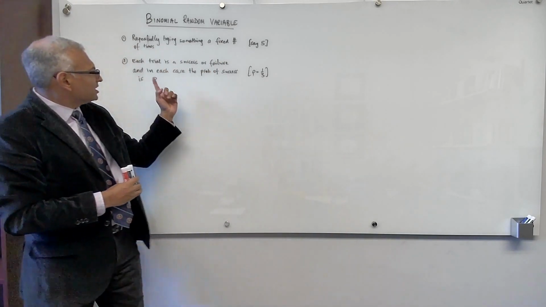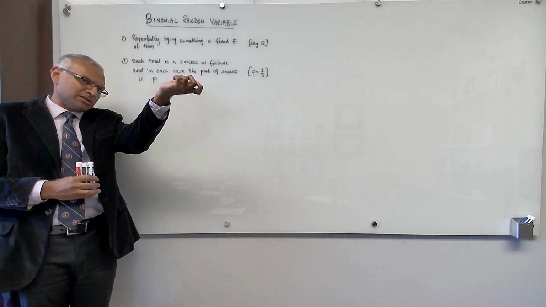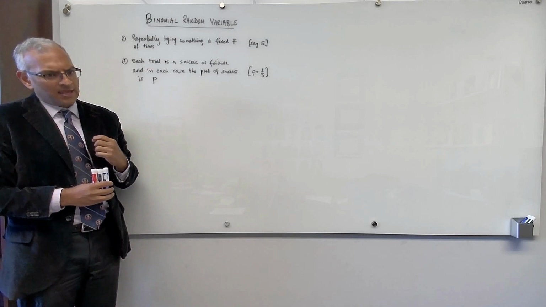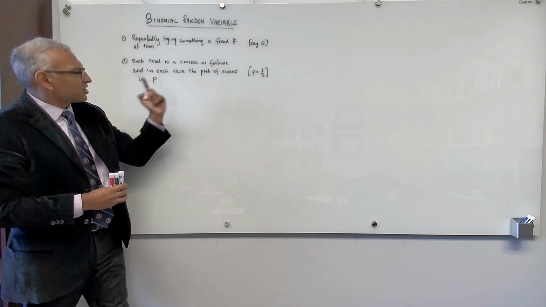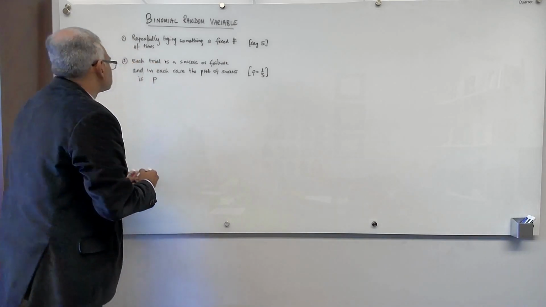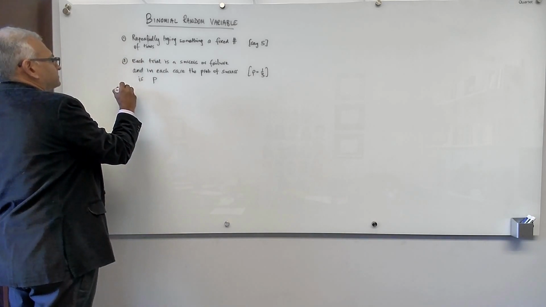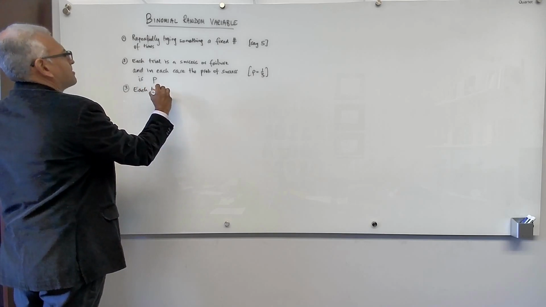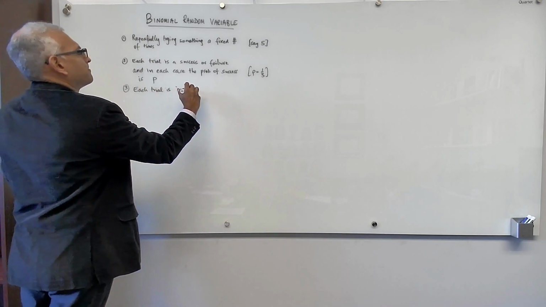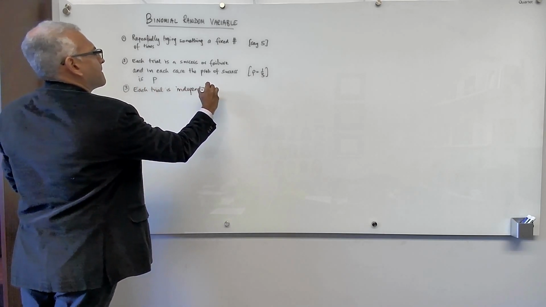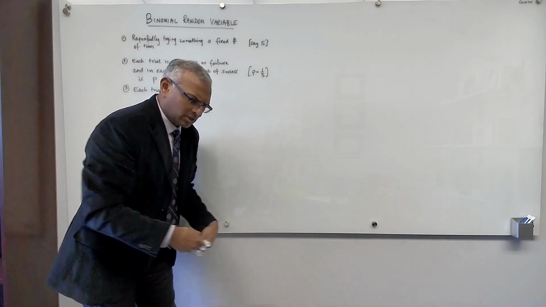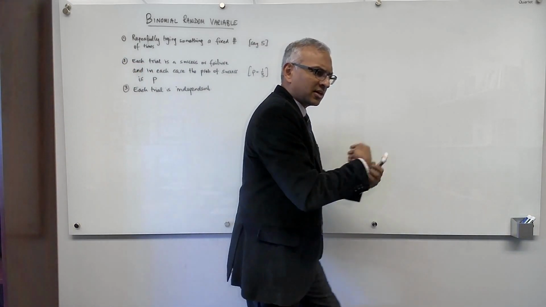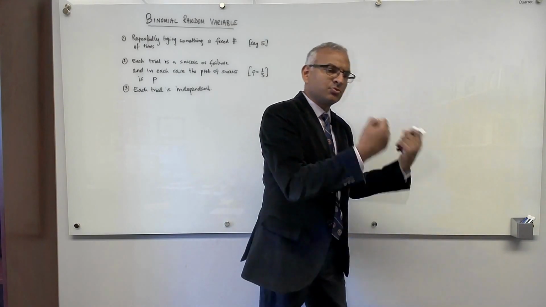It's important that each trial has the same success probability. And condition number 3: each trial is independent. So you keep trying something, each trial is independent and succeeds with some probability p.